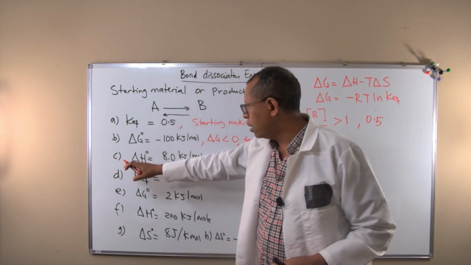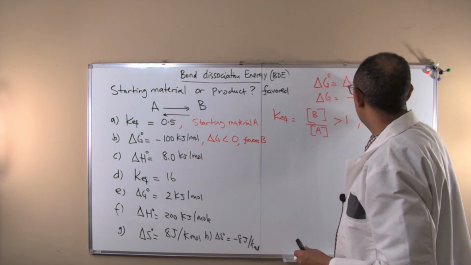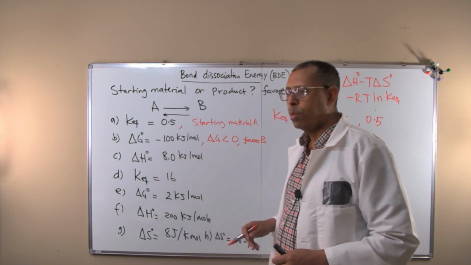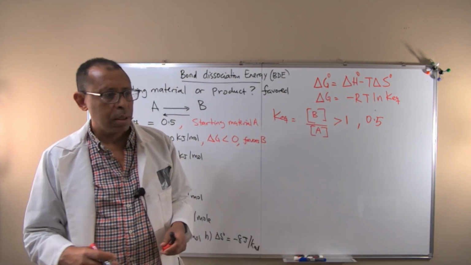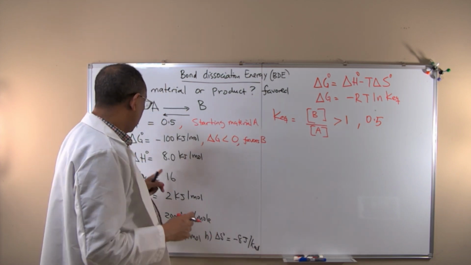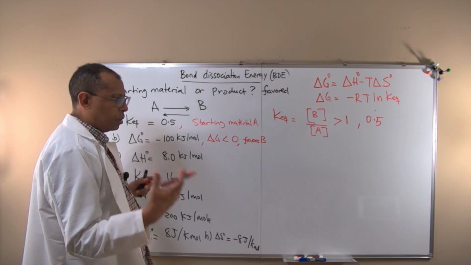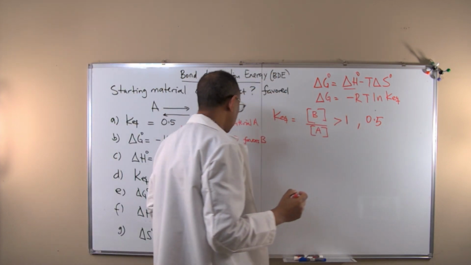Next, C says delta H naught, one of the factors, the enthalpy of a reaction, is 8 kilojoules per mole. As far as enthalpy of reaction, this reaction looks endothermic. It's positive, not exothermic.